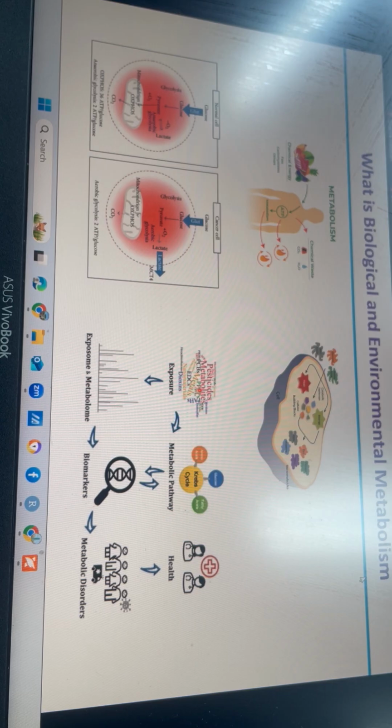Metabolomics has biological metabolomics, and you also have environmental metabolism. Environmental metabolism means when you throw something into the environment, the environment also degrades things. Let's say you throw pesticides.